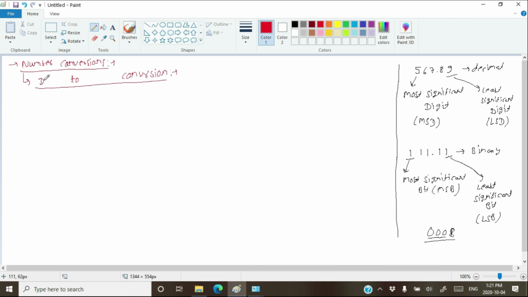Decimal to hex, or you can say hexadecimal. Okay, so decimal to hexadecimal conversion. The question is convert 423 in decimal to hexadecimal.